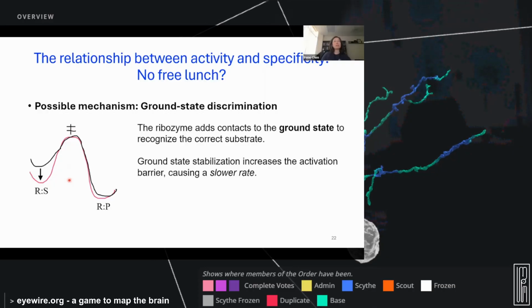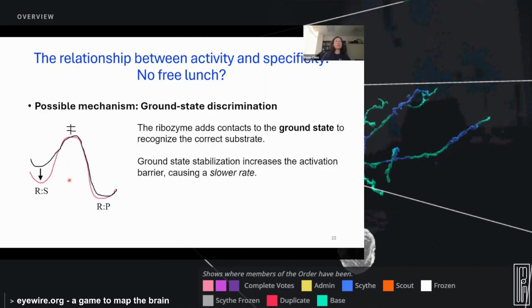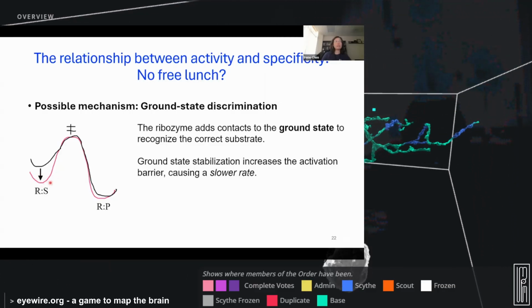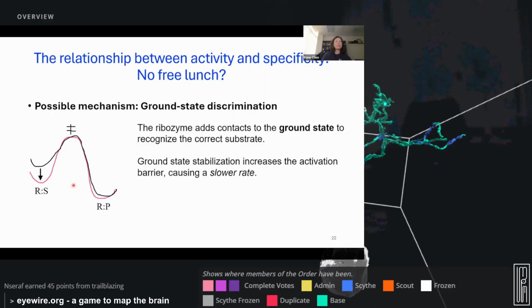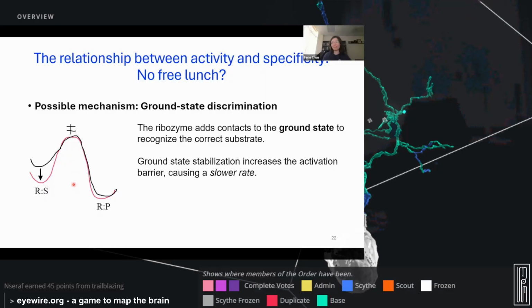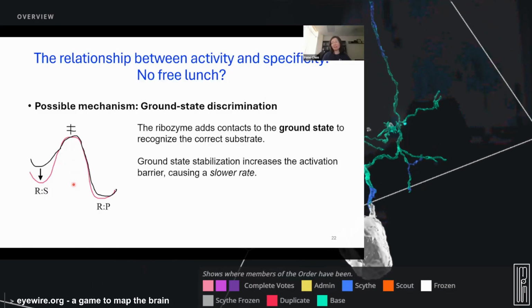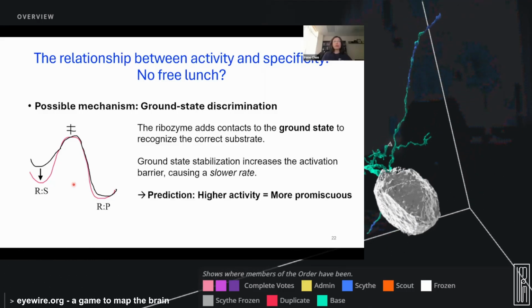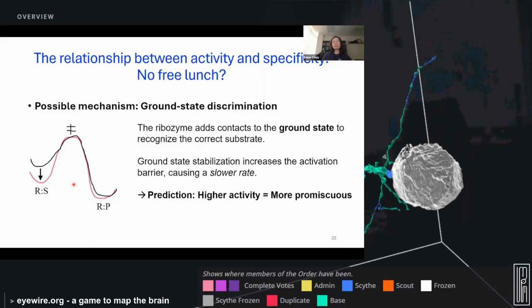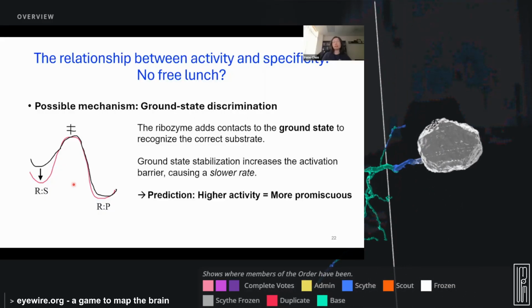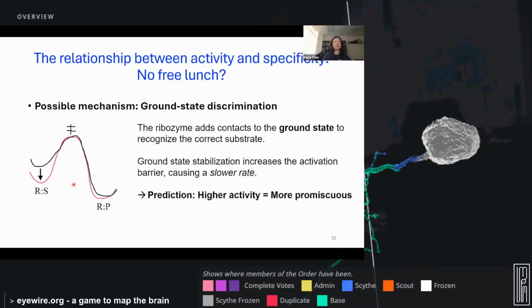So that decreases the rate. So this would give you a trade-off between increasing specificity and decreasing rate. And that feels intuitive because it says there's no free lunch, you can't get greater specificity without giving up some activity. So the prediction here is that the higher activity sequences ought to be more promiscuous or less specific.